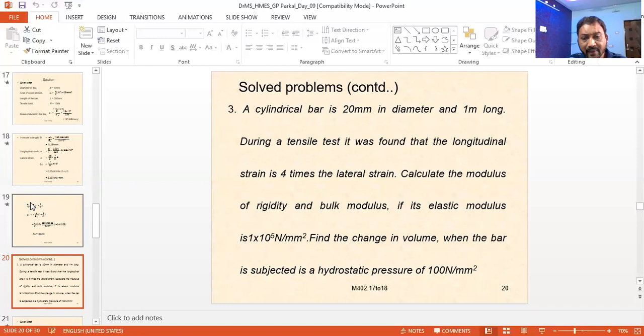Calculate the modulus of rigidity and bulk modulus. If its elastic modulus is 1 into 10 power 5 newtons per square millimeter, find the change in volume when the bar is subjected to a hydrostatic pressure of 100 newtons per square millimeter. So this is the problem given.